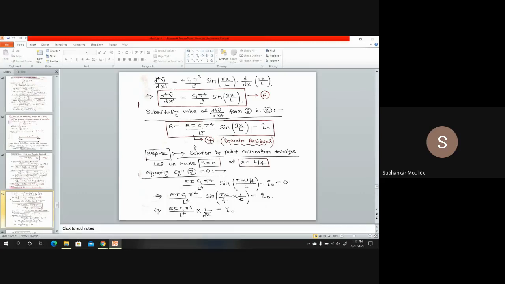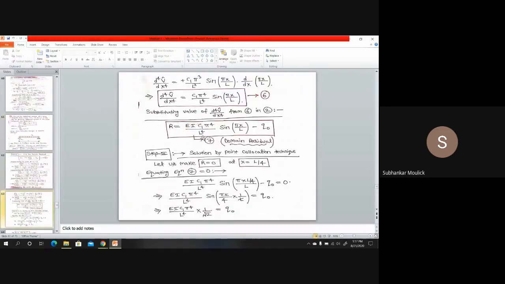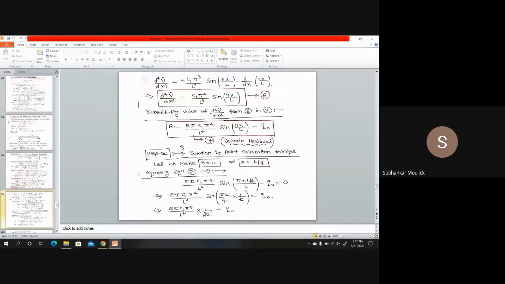So once we have found the value of this residual, I need to find the approximate solution for this problem by the point collocation technique and by the Galerkin technique. In point collocation, to minimize the residual, I equate the residual to 0 at n number of collocating points, and those points depend on the domain of your problem.